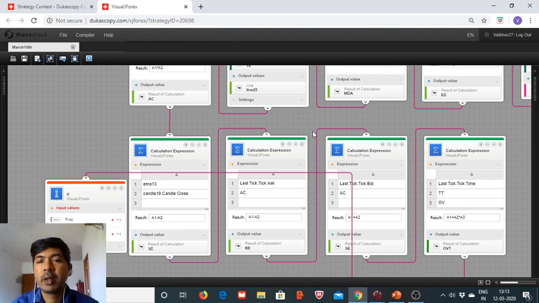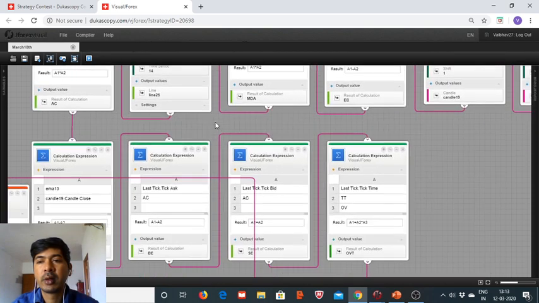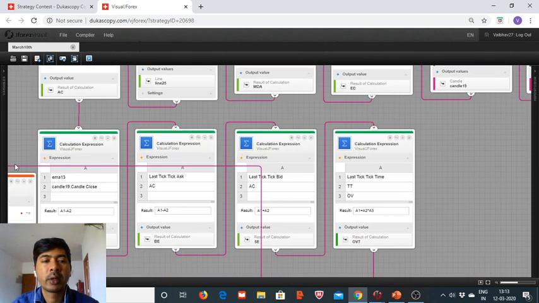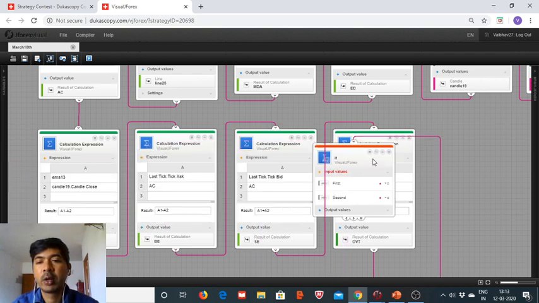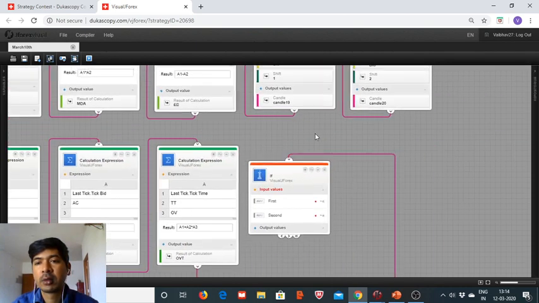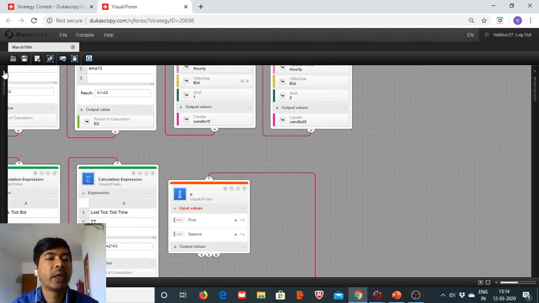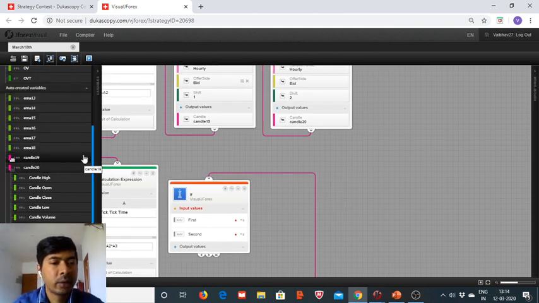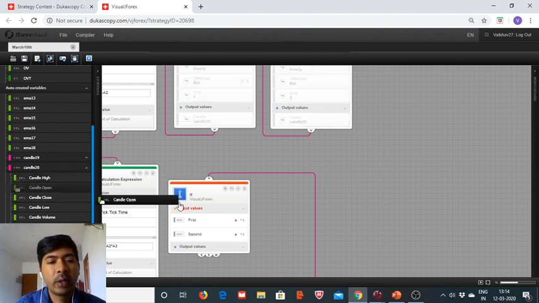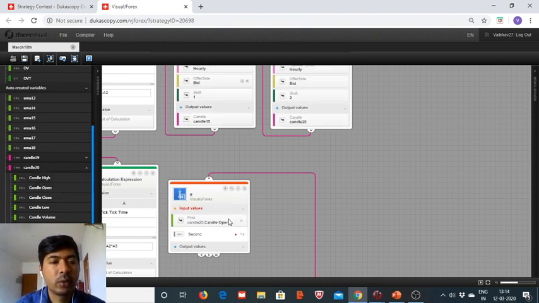So we compare the candle 19th open and close prices. So this is where it is, and we bring the candle open and the candle close for the 20 candle open and candle close.